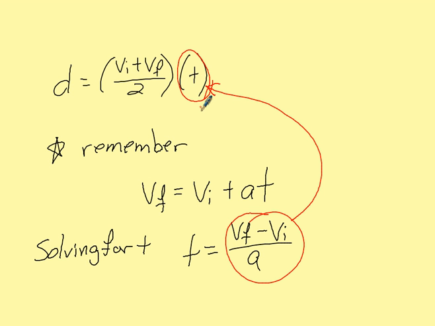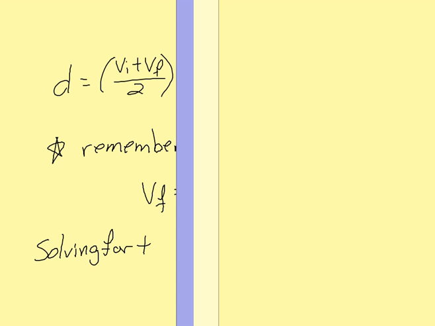So now we have the displacement of an object can be described as the initial velocity plus the final velocity divided by 2, multiplied by the final velocity of an object minus the initial velocity of an object divided by the acceleration.